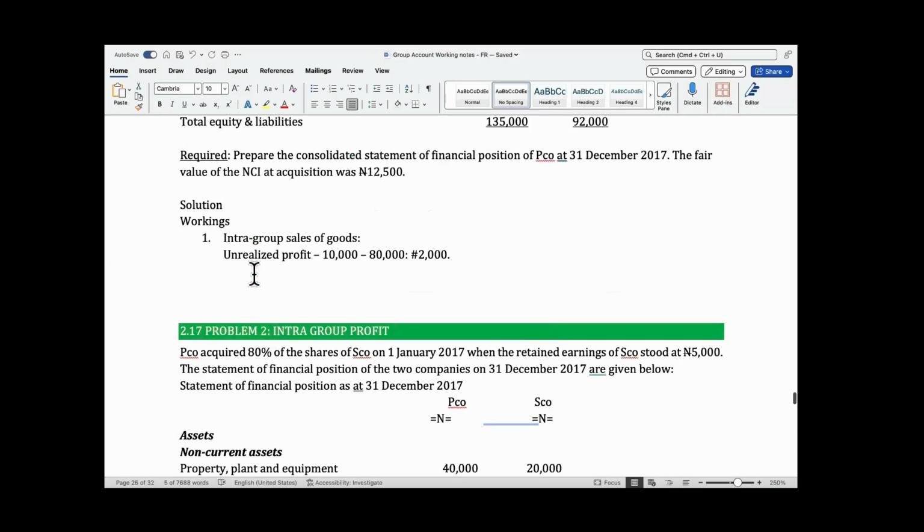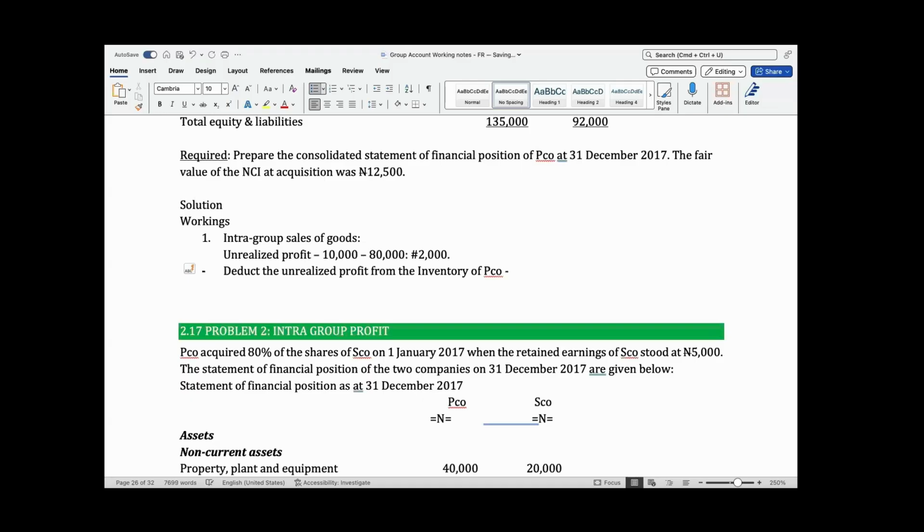So you need to make two adjustments. This profit, you deduct the unrealized profits from the inventory of Pico, because it's still in the inventory of Pico.